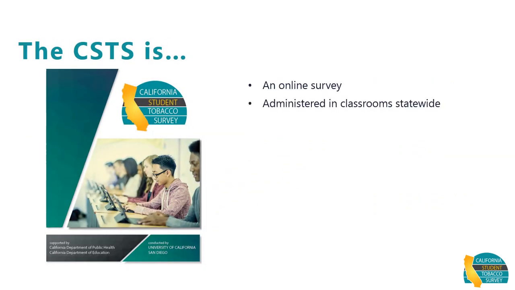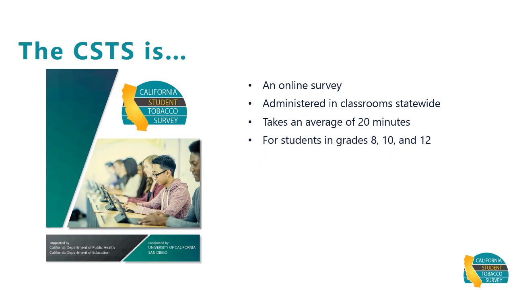The CSTS is an online survey administered in classrooms statewide. In 2019-20, the survey will be conducted in over 300 schools with over 150,000 students. The survey takes, on average, 20 minutes to complete. Generally, only students in grades 8, 10, and 12 participate.